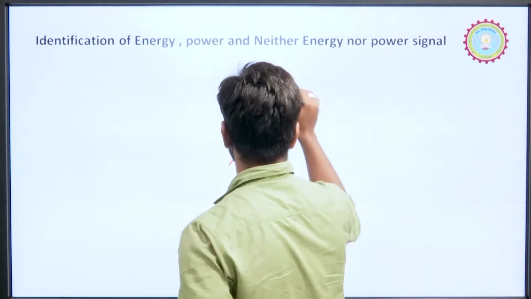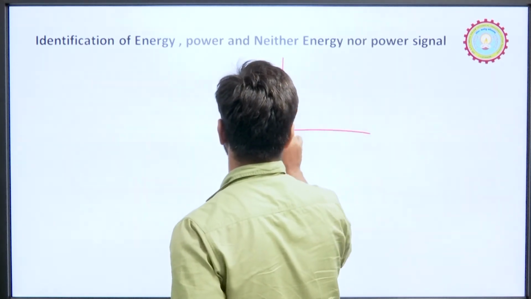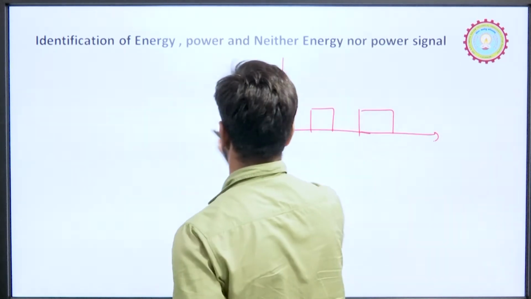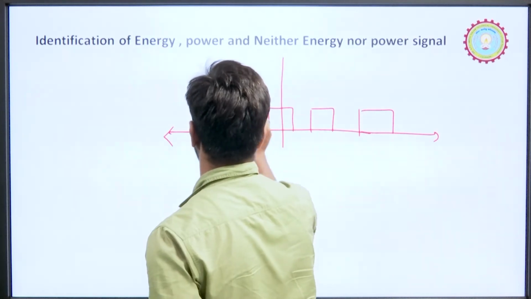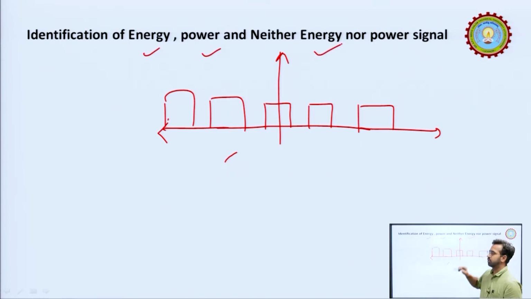Suppose there is a signal like this, a signal given like this, and if I ask you to tell me whether this signal comes under the category of energy signal, power signal, or neither energy nor power signal, then how will you say?